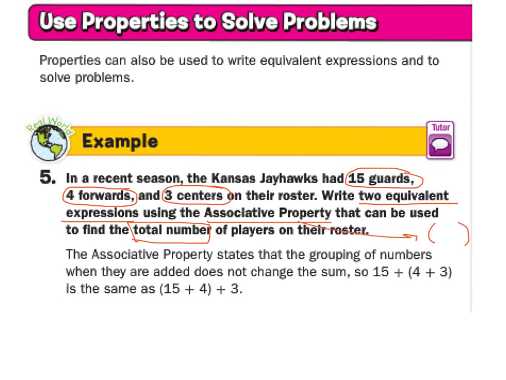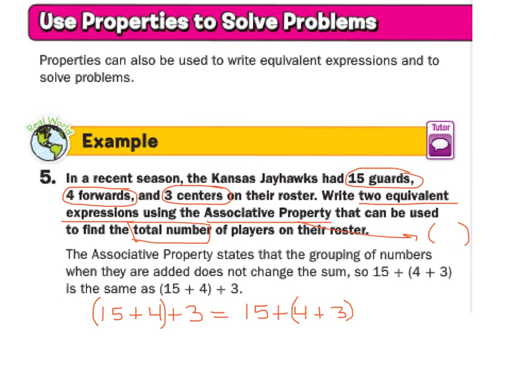So the associative property says that grouping numbers, when they are added, does not change the sum. So if we take 15 and we add together the 4 plus the 3, I could go ahead and put the parentheses around the 15 and the 4. And that's going to be the same as, again, I'm going to keep the order the same, I can put the parentheses around the second set of numbers. Either way, it comes out the same.